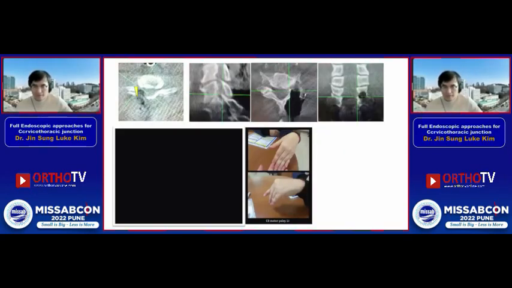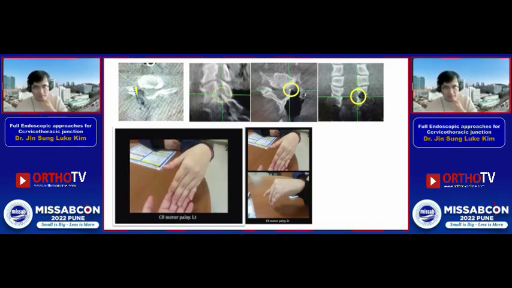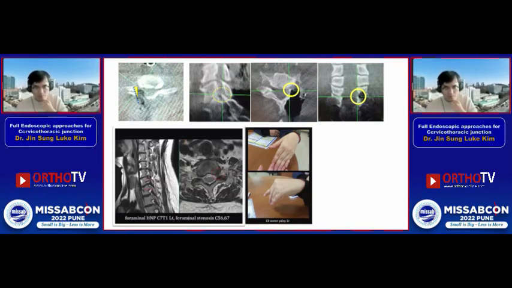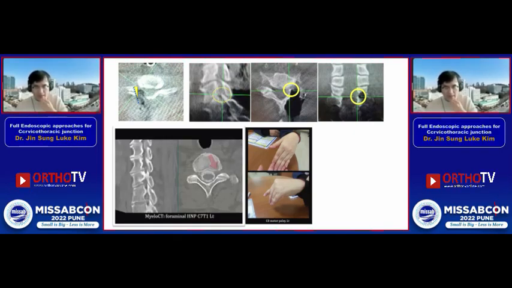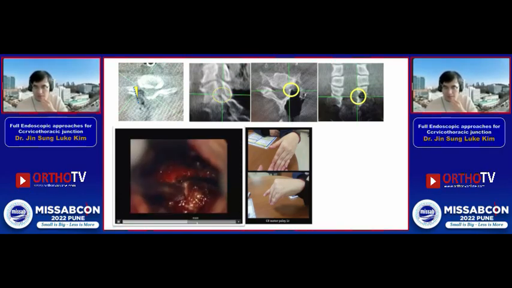And moreover, I can find any remnant bony structures once we rescan with the O-arm. This is one example of how I made the cervical foramen discectomy at the CT junction, with C8 palsy of the left arm. You can find the small disc fragment there. Right? I'm going to quickly move to the end of the surgery.